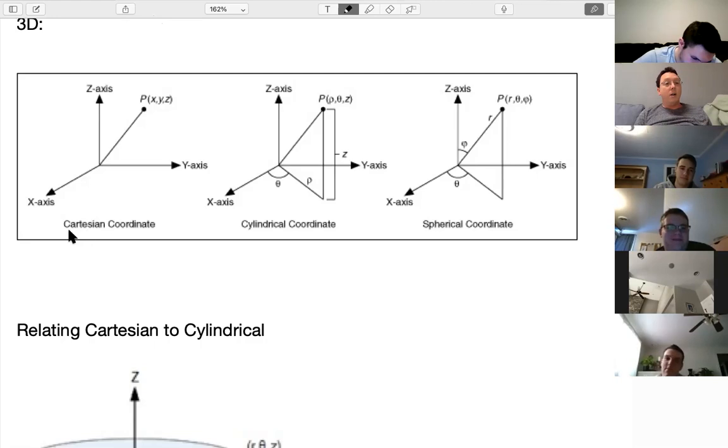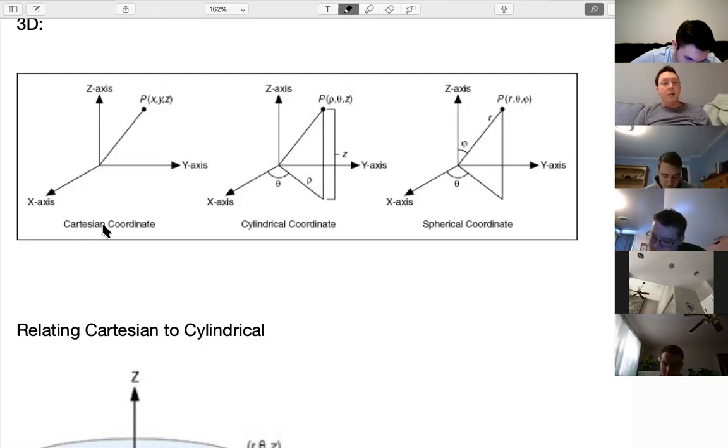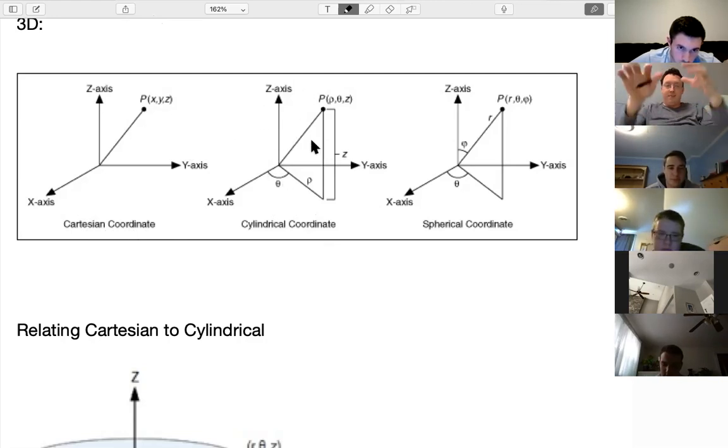All right, so here's a kind of a picture of this. We have Cartesian coordinates, you know that, X, Y, Z. Cylindrical coordinates are where you imagine a notional cylinder and you coordinatize the point in 3D according to where it lives on the cylinder.